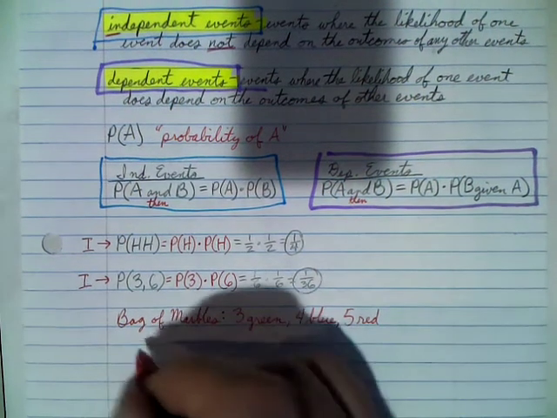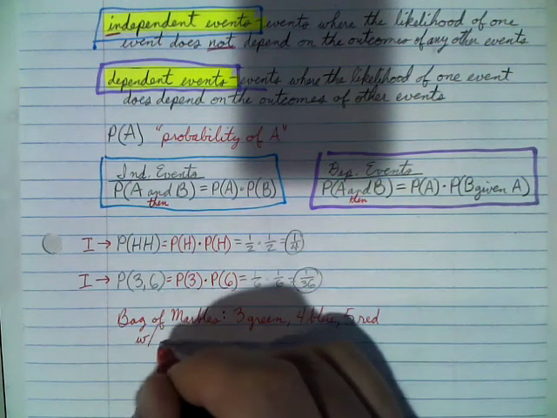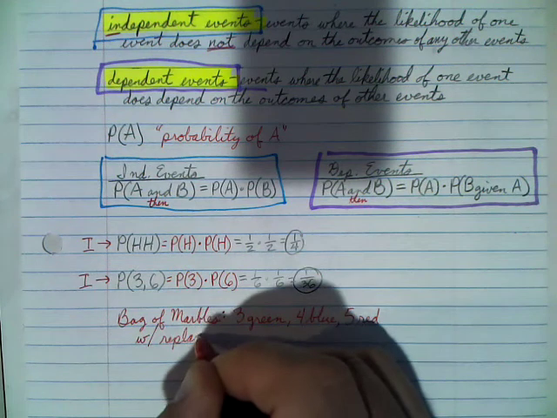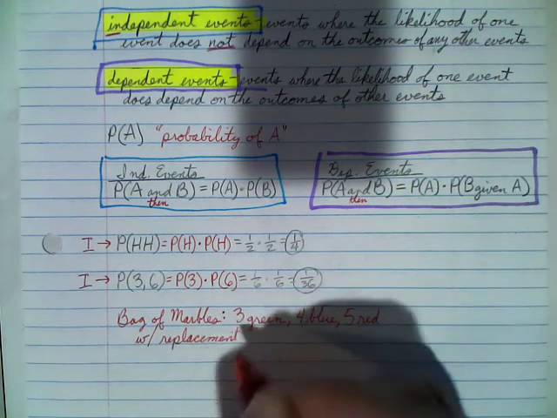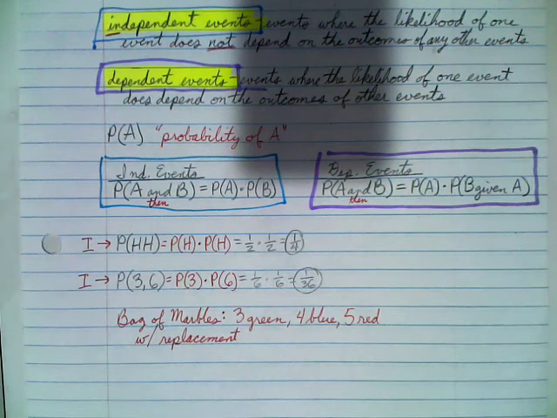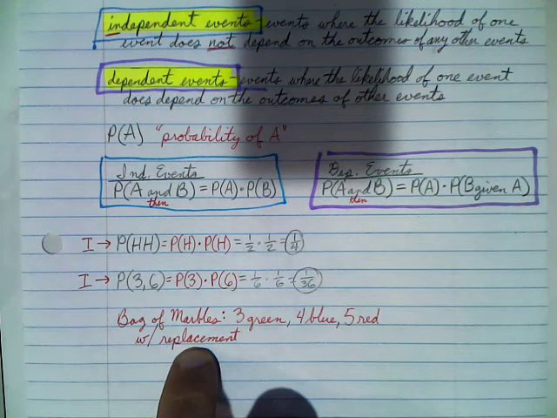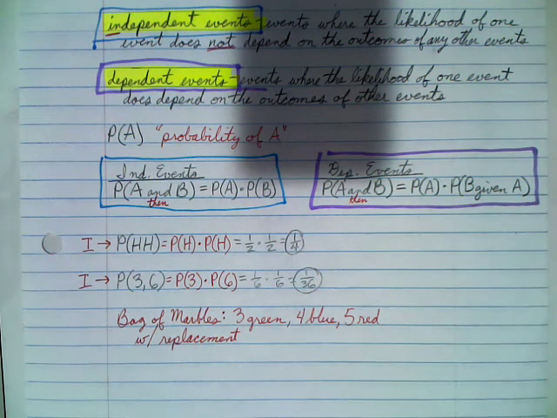And first we're going to do it with replacement. So replacement is just a way of saying we're going to put back what we pulled out before we take out the next one. So I'm going to pull out a marble, replace it, so put it back in the bag, pull out another marble.